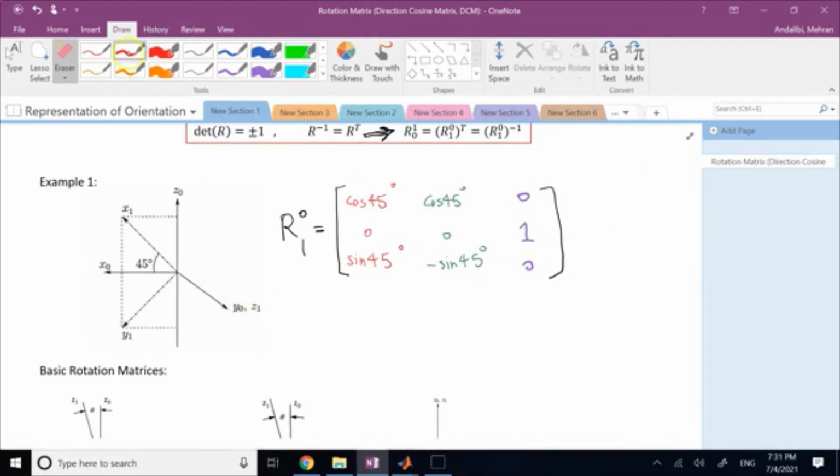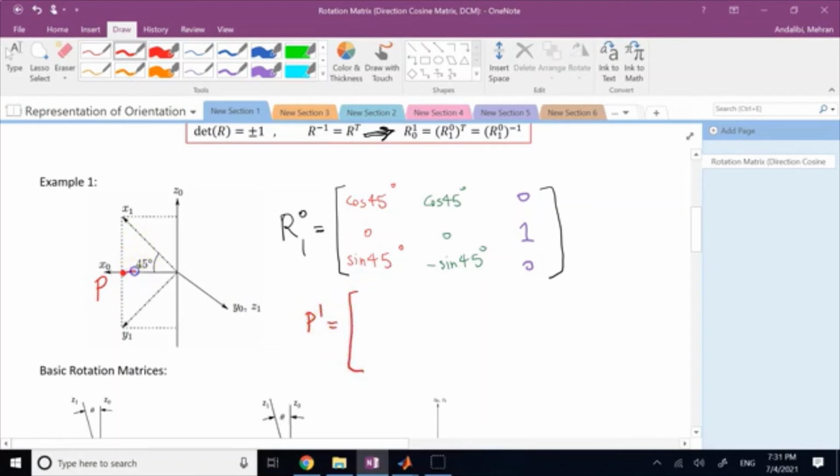I consider a point here, and I'll try to make it simple. I consider my point right here, maybe. Okay, so this is my point P. Now, if I ask you what is the coordinate of point P in frame 1, what would you say?